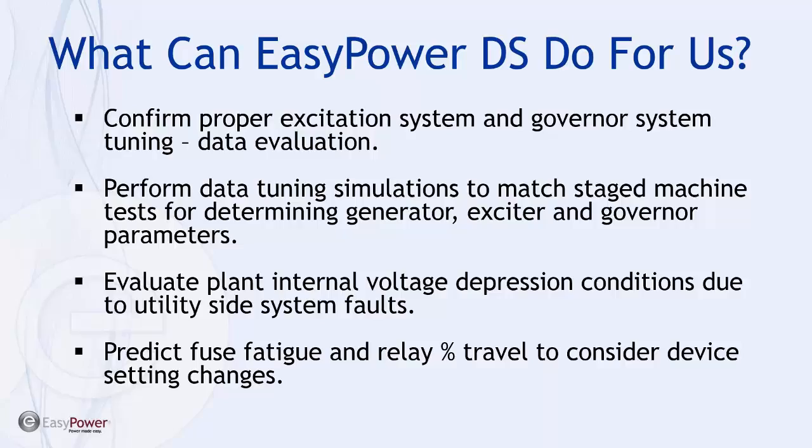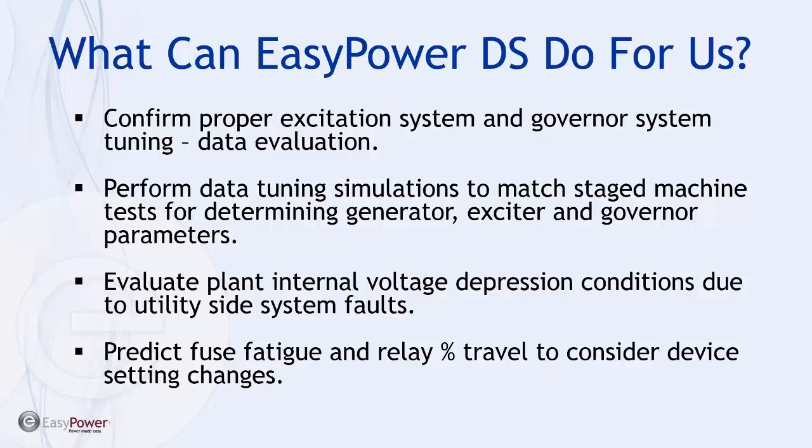So actual test data can be staged and compared with what the simulator produces. We can also perform data tuning simulations and match those test results with the generator's model, the exciter, and the governor parameters.